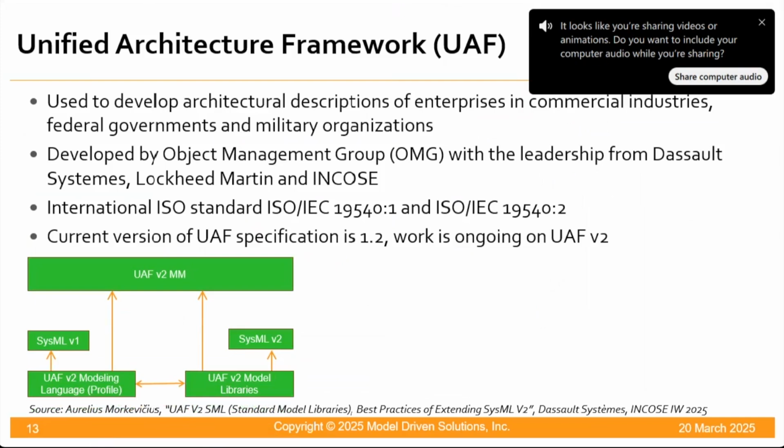The idea is that there will still be a profile to support V1. So this is the basic metamodel. But the interesting thing here is that V2 is going to be done with the V2 model libraries. There was a lot done in the UAF V1 to try to find ways to capture the semantics, a lot of special kinds of stereotypes and usage of things.